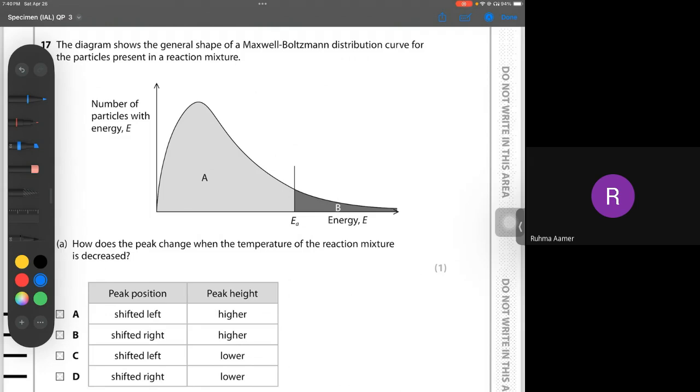If you increase the temperature, the height of the peak decreases and the curve shifts towards the right. If you decrease the temperature, the height of the peak increases and the curve shifts towards the left. So the answer is A. It's very simple.